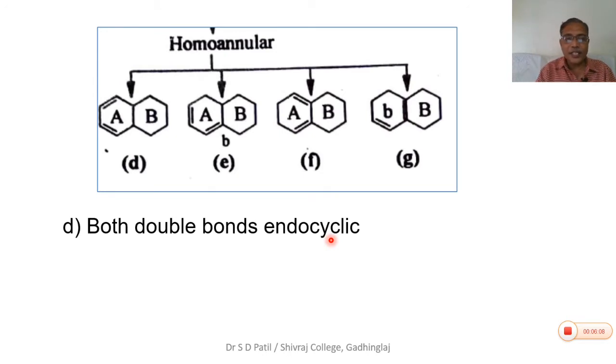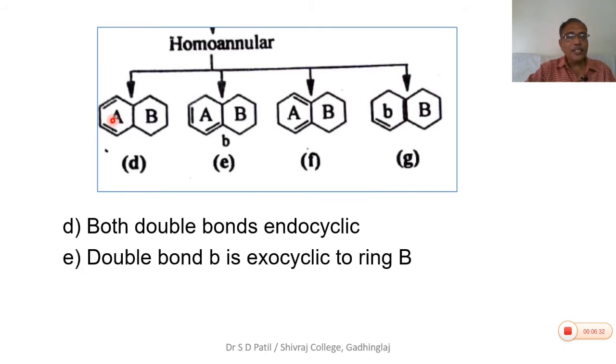In structure D, both double bonds are endocyclic. When the double bonds are present inside a single ring, it is called as endocyclic. So this structure is homoannular diene with endocyclic double bonds.